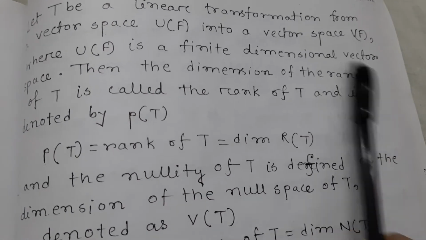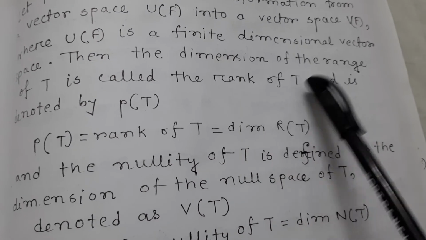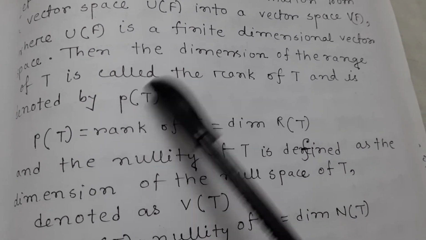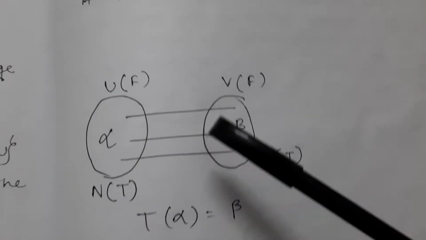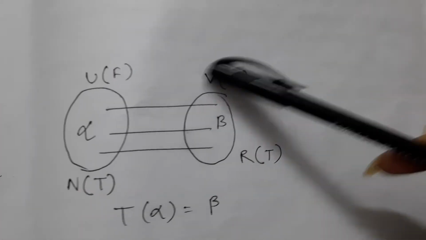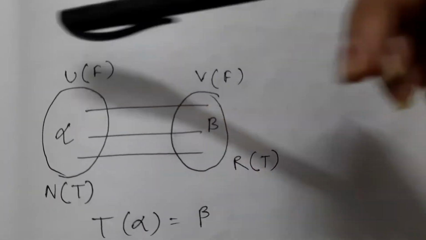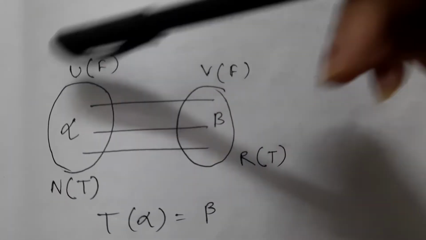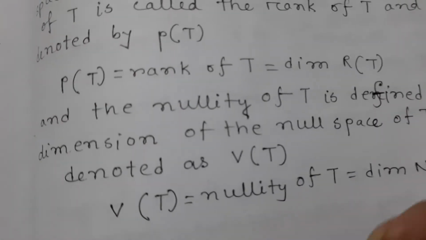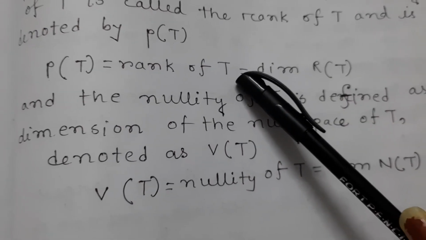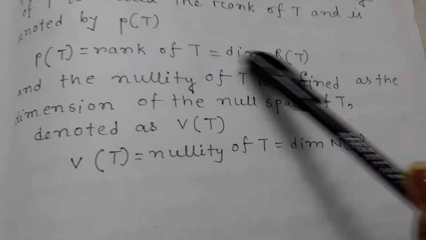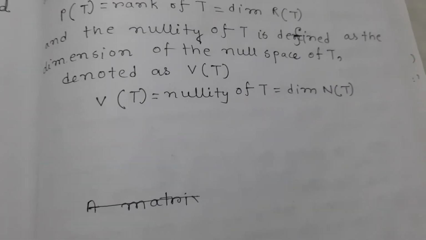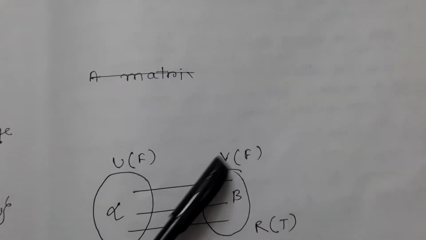Then the dimension of the range of T is called the rank of T. So the range space gives the rank and the null space gives the nullity. Rank means the dimension of the range set.